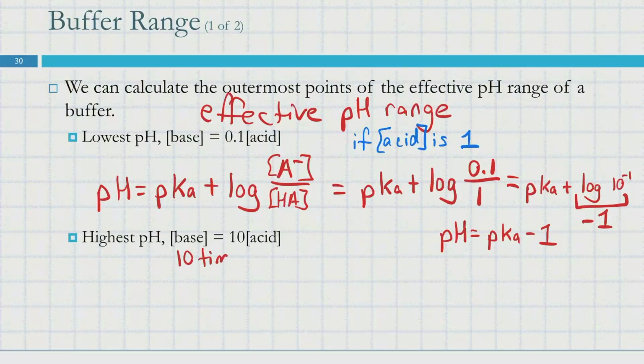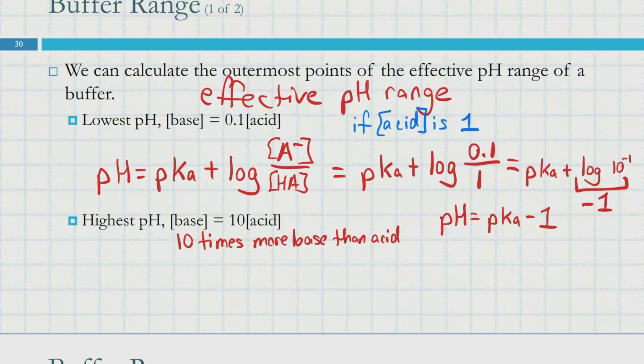The upper end is 10 times more base than acid. So a higher concentration of base. So pH equals pKa plus log, we set our acid to be equal to 1.